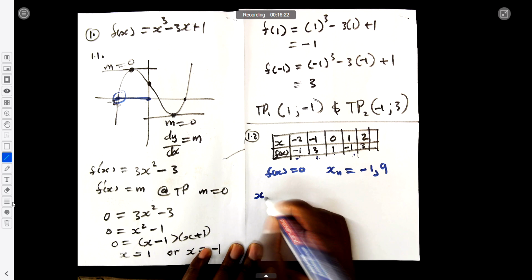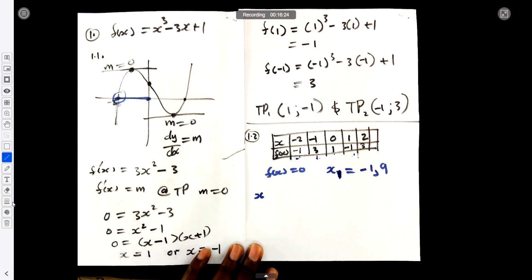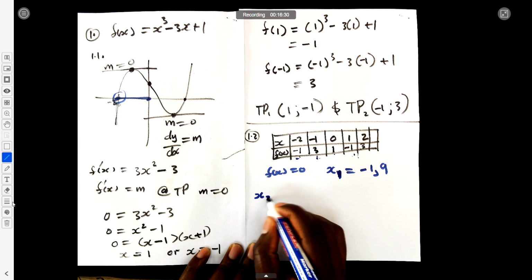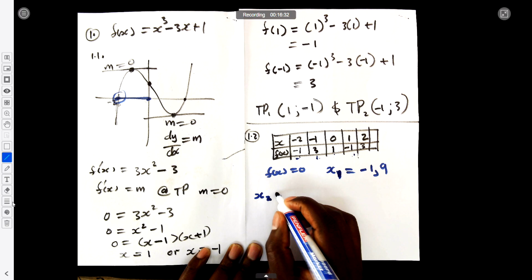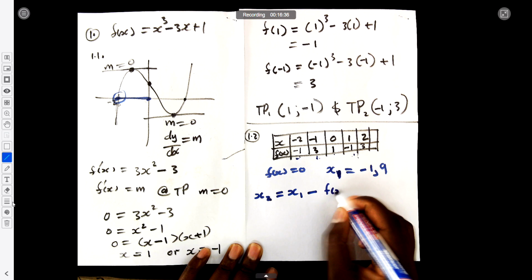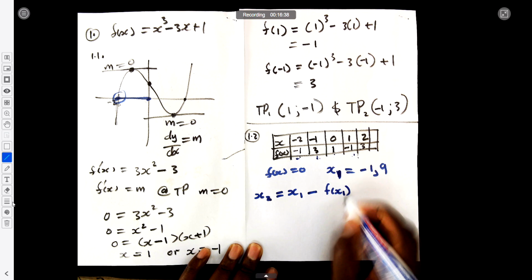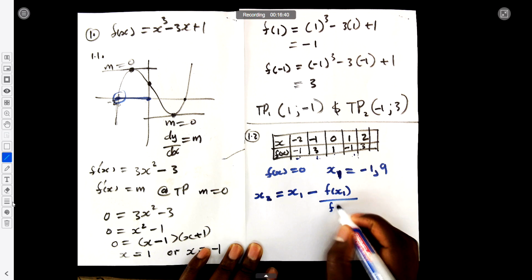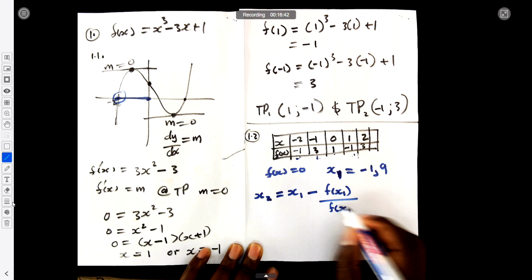Let us go and substitute. We can call this x1, the initial value, and let's look for x2. When we're looking for x2, we say x1 minus f of x1 all divided by f prime of x1.